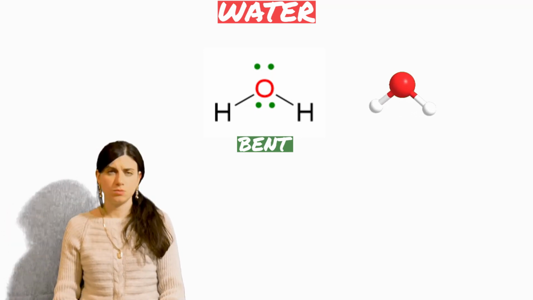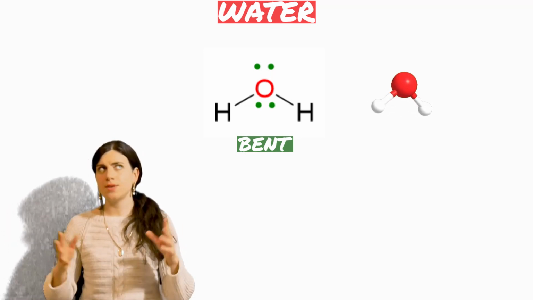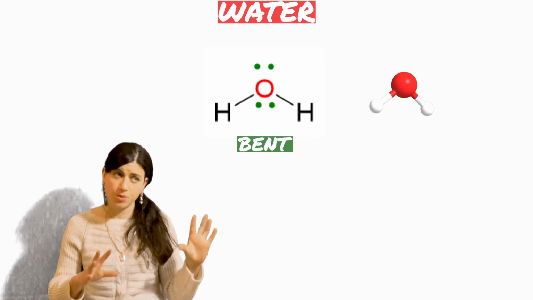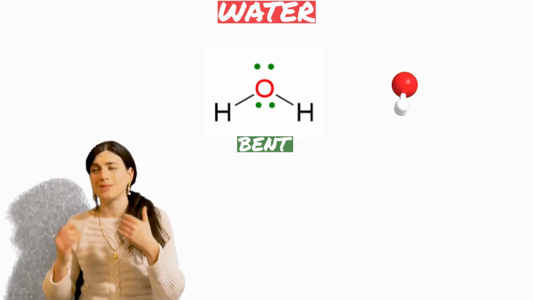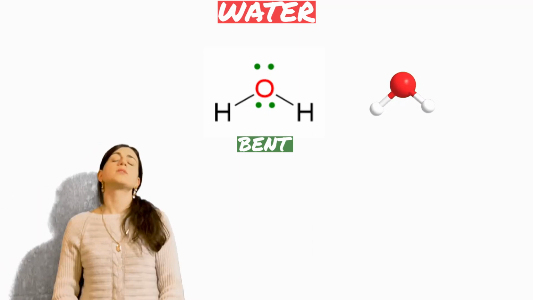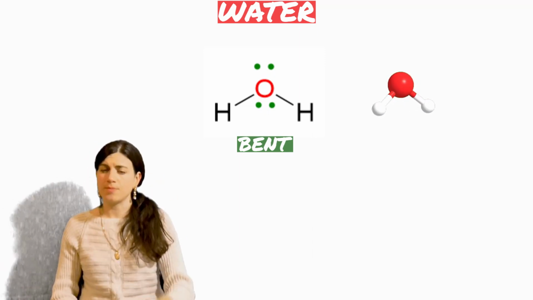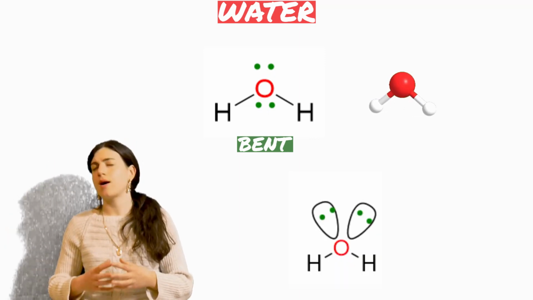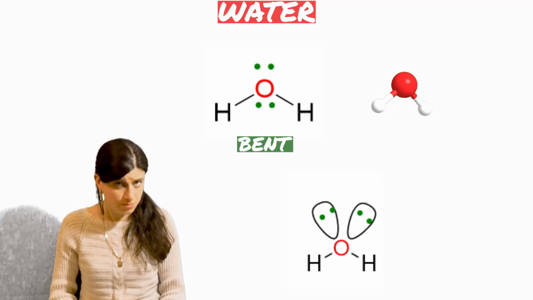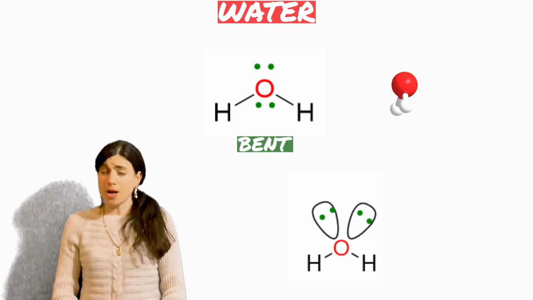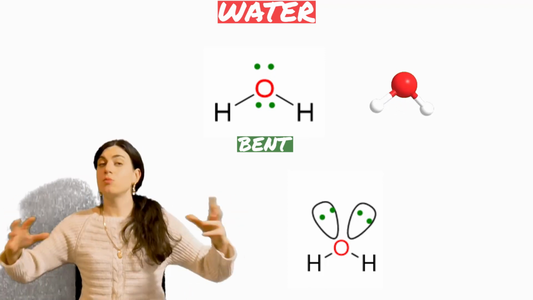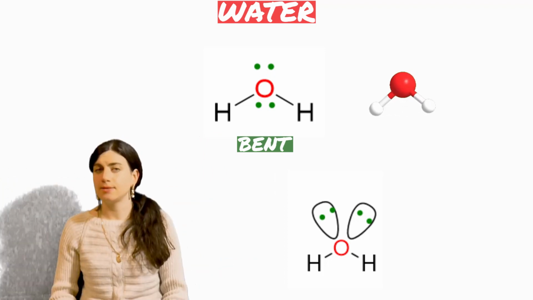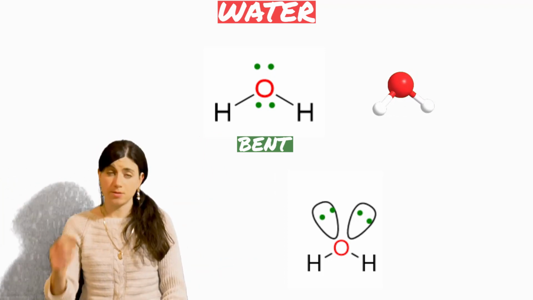Again, what is the angle? You may think the angle is the angle of the tetrahedron, since we start from the tetrahedron to build this molecular shape, but this is not true, because as we have already seen for ammonia, the presence of lone pairs, since lone pairs are fatter, let's say, more repulsive, means they occupy more space around the central atom and they shrink the angle of the bond pairs.